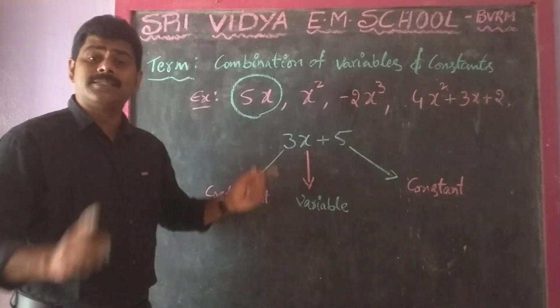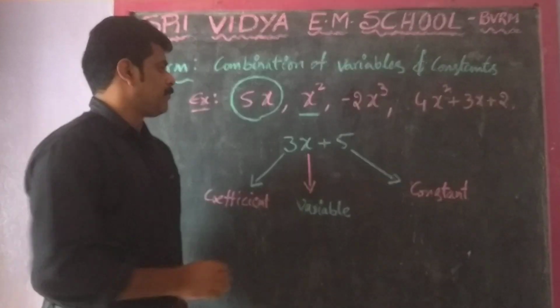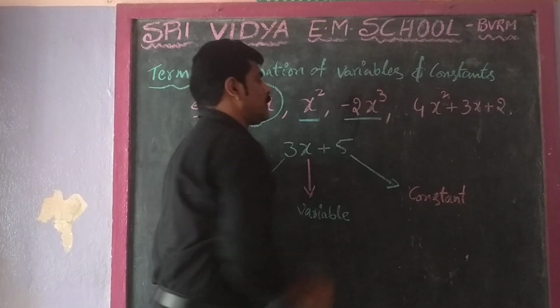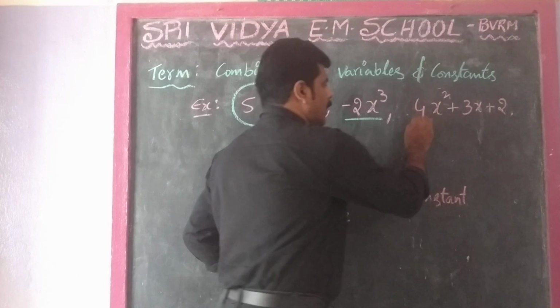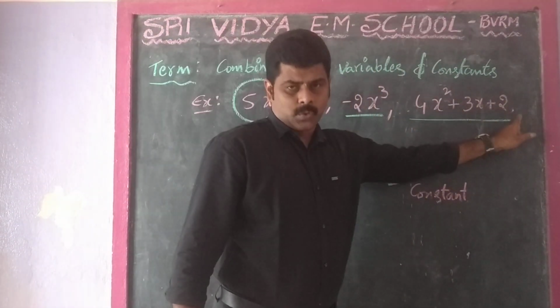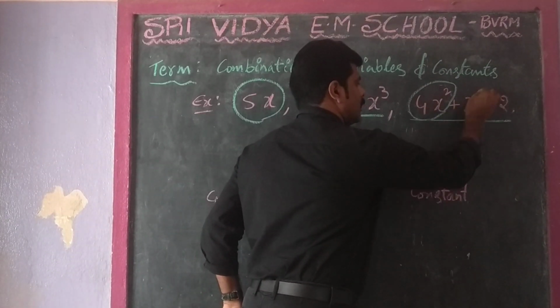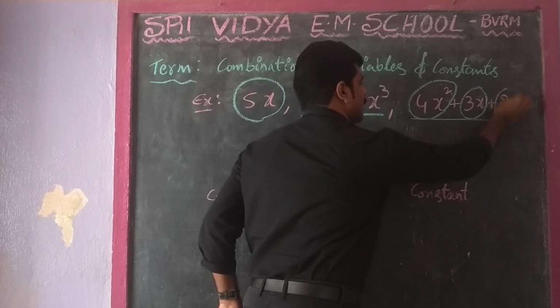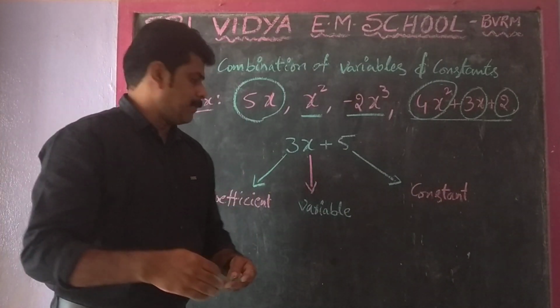So 5x is a term and x square is another term. And minus 2x cube is also a term. And here, 4x square plus 3x plus 2, there are 3 terms: 1, 2 and 3. Okay.